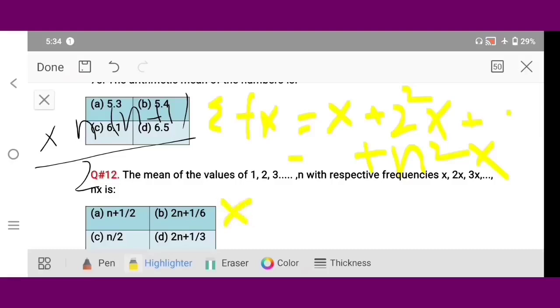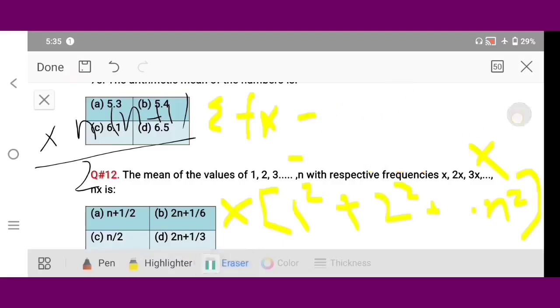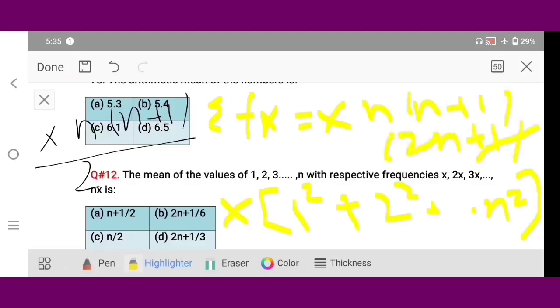Here x is common, and it is just like 1 square, 2 square up to n square. So this will be equal to x. We know that 1 square plus 2 square plus up to n square is equal to n plus 1 into 2n plus 1 divided by 6.